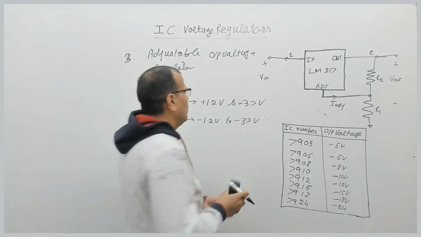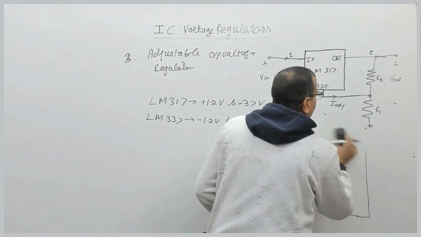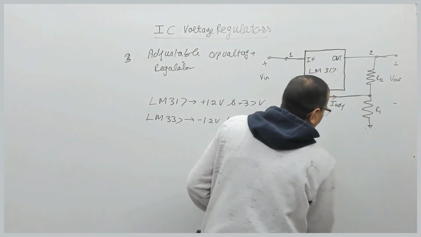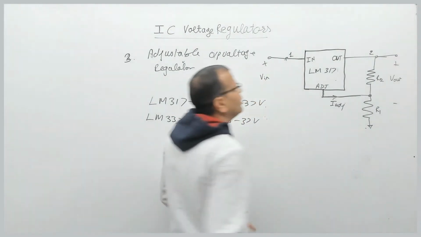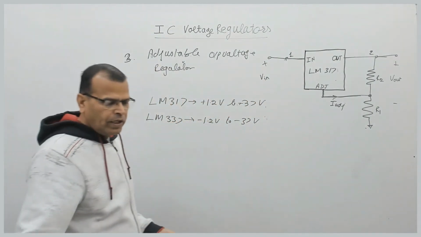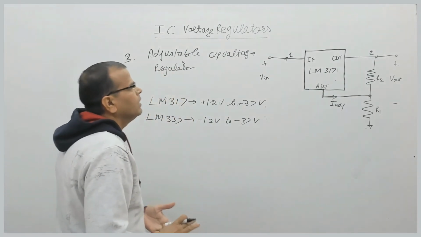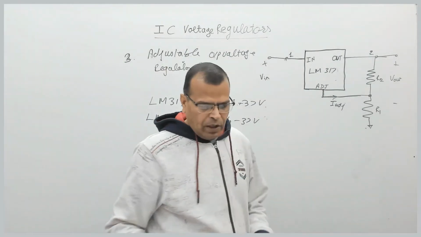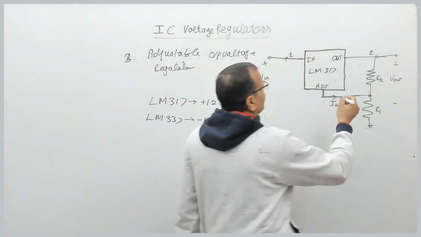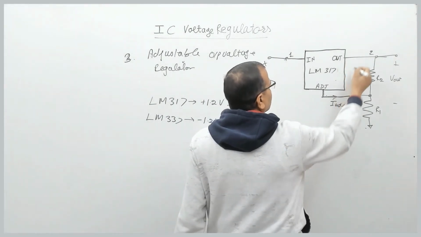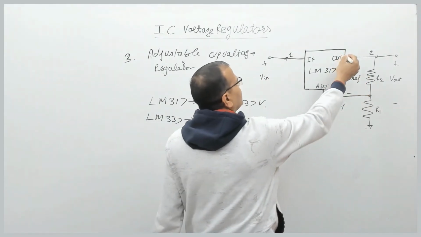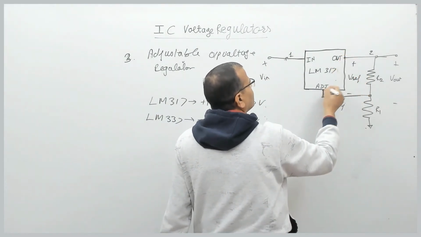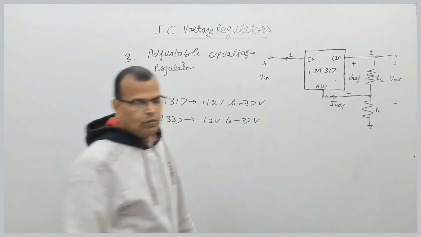Here we need to see the expression of output voltage of the adjustable voltage regulator, right? So let us see how to find that. Here remember one thing, the voltage between the output terminal and the adjustable terminal is called the reference voltage.